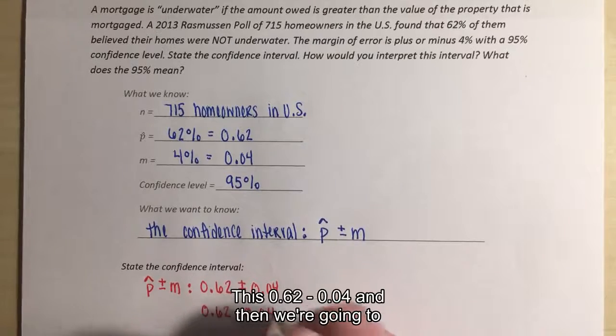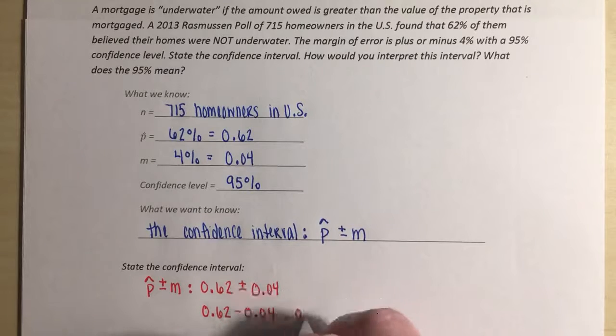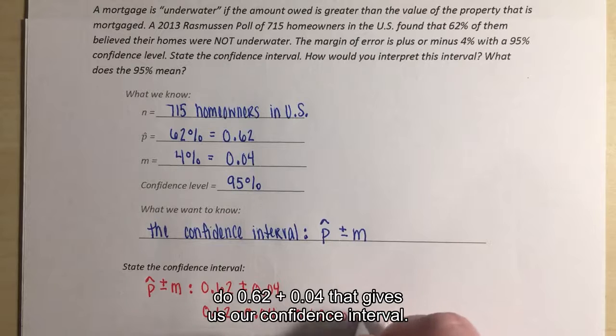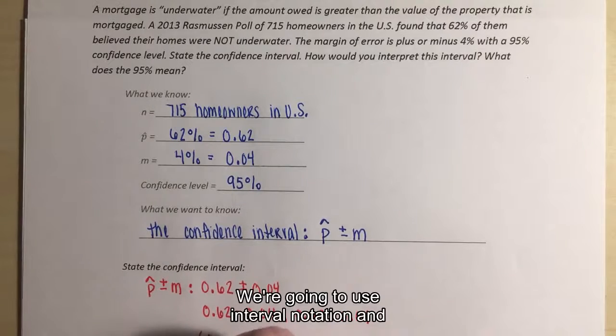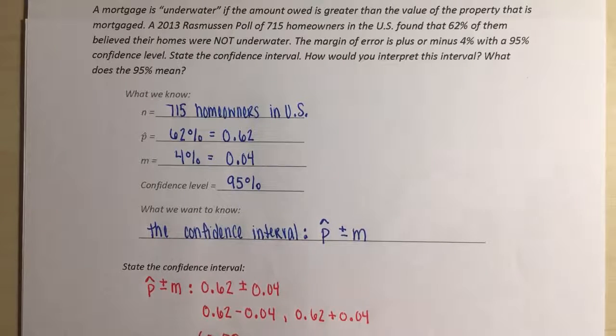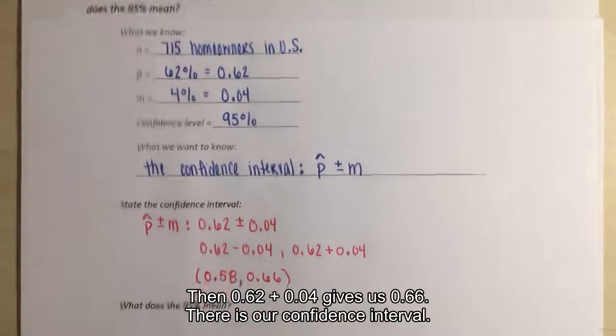So 0.62 minus 0.04, and then 0.62 plus 0.04. We're going to use interval notation with parentheses. 0.62 minus 0.04 gives us 0.58, and 0.62 plus 0.04 gives us 0.66. So there is our confidence interval.